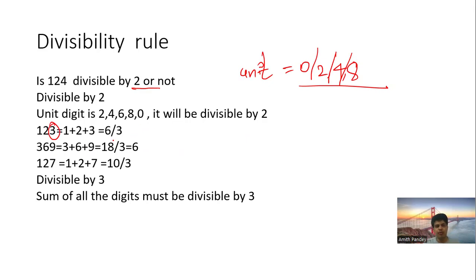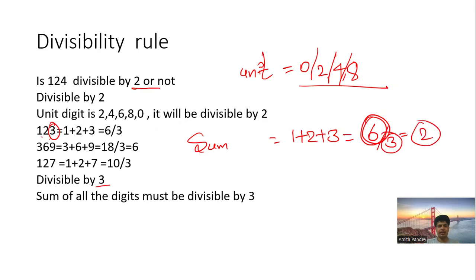Now, what is the divisibility rule of 3? The sum of all the digits, for example 1, 2, 3, that is 1 plus 2 plus 3, which is 6, and 6 is divisible by 3. So the sum must be divisible by 3.